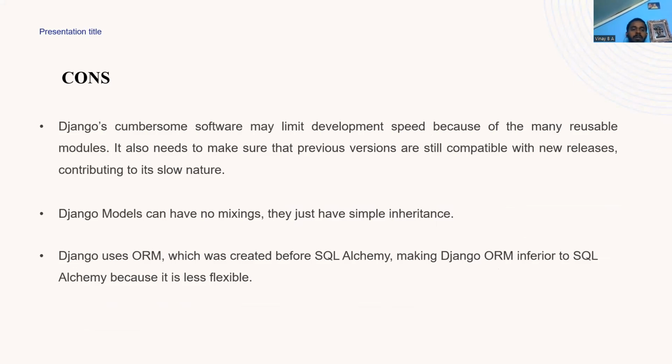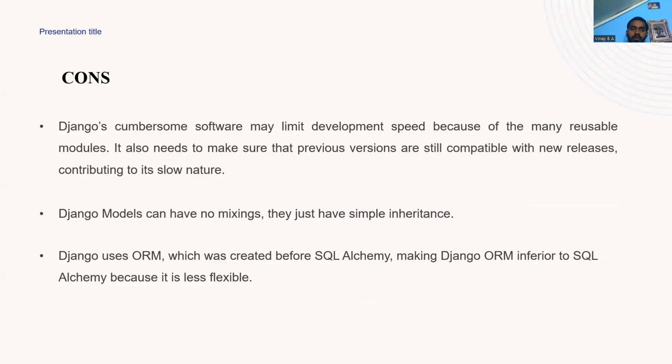Cons. Django is cumbersome software and may limit development speed because of its many reusable modules. It also needs to make sure that previous versions are still compatible with a new release, which contributes to a slow future.